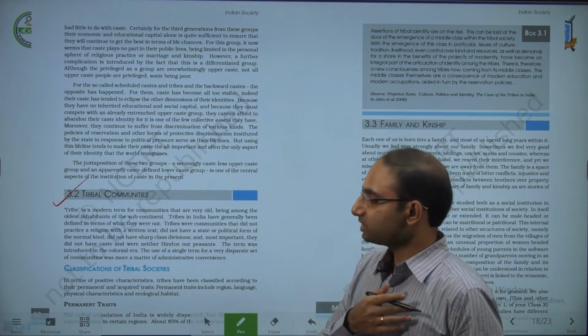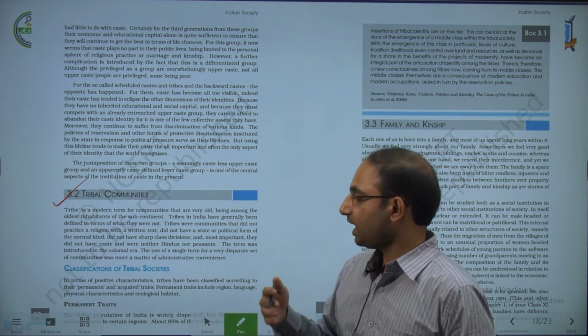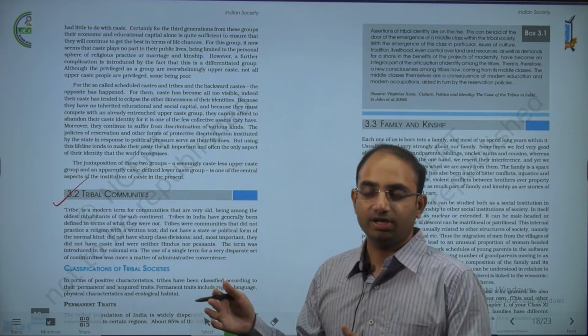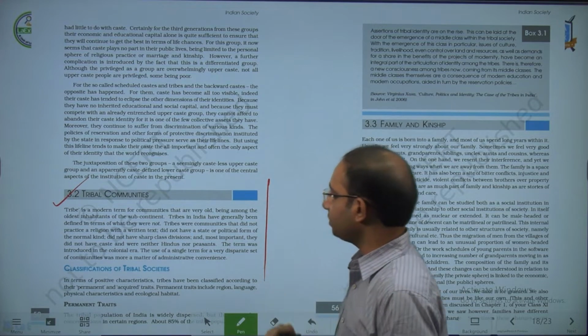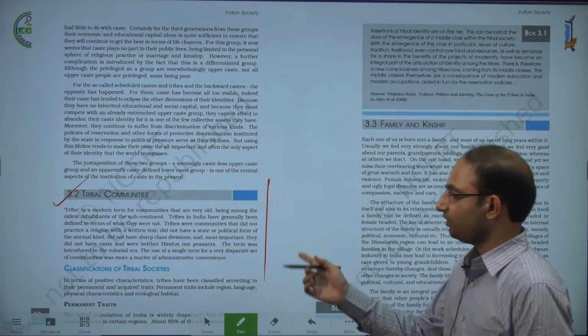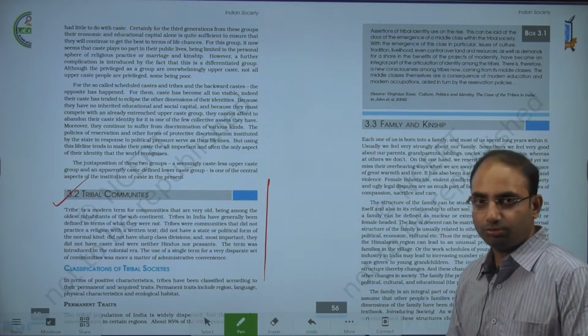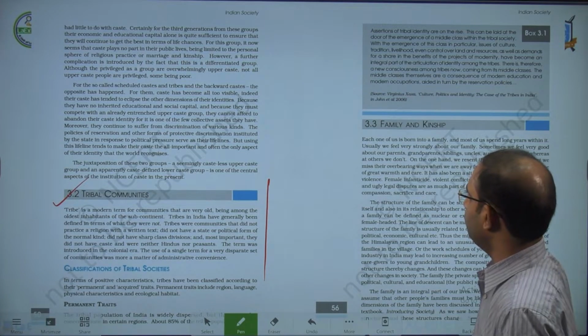The various streams of development have bypassed them, and that's the reason why they are lagging in terms of technological forwardness. This chapter will run you through the classification, the nature of tribal society and different tribal communities, broad idea of their problems and what can be done to improve them.